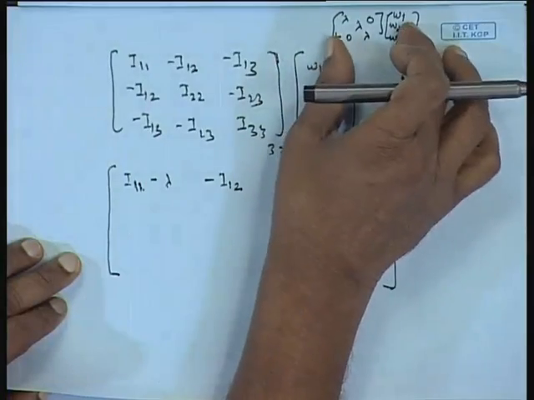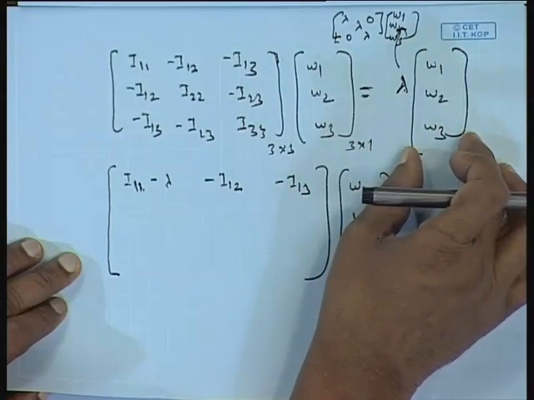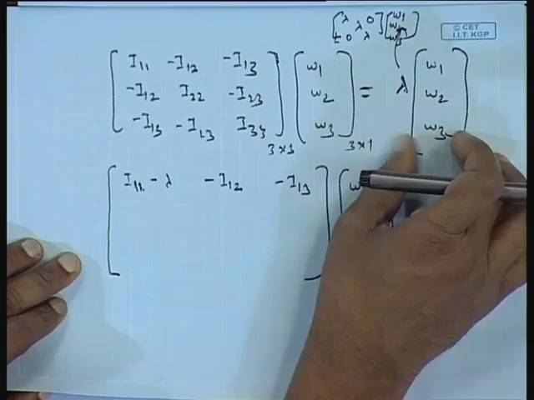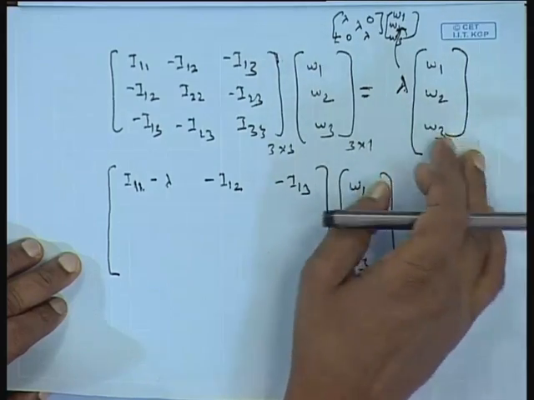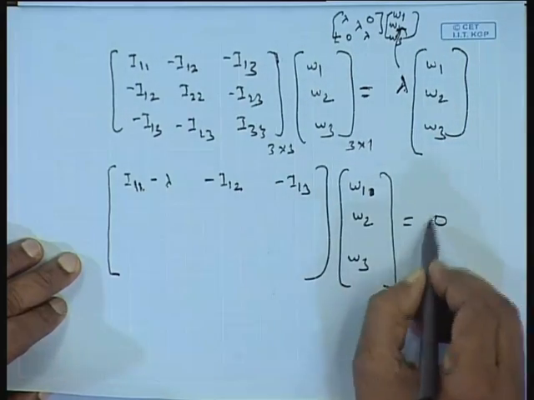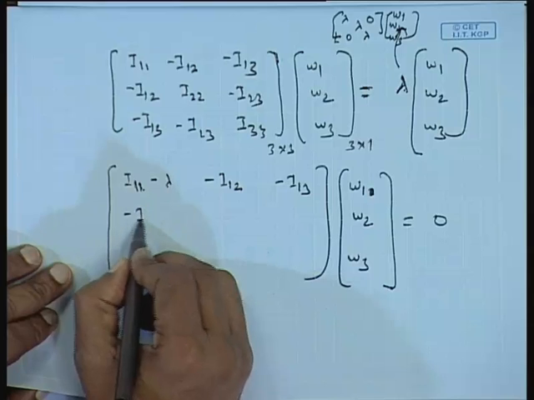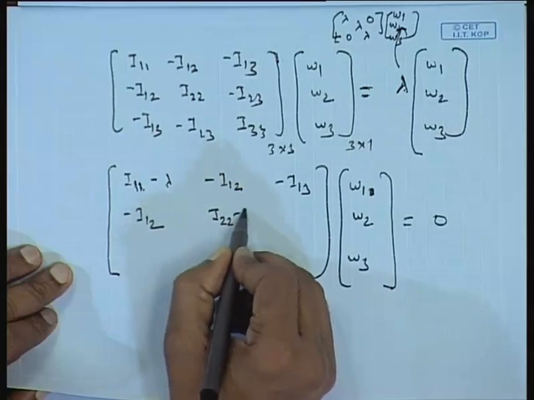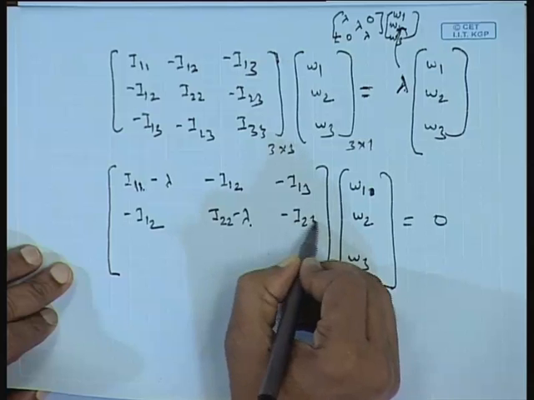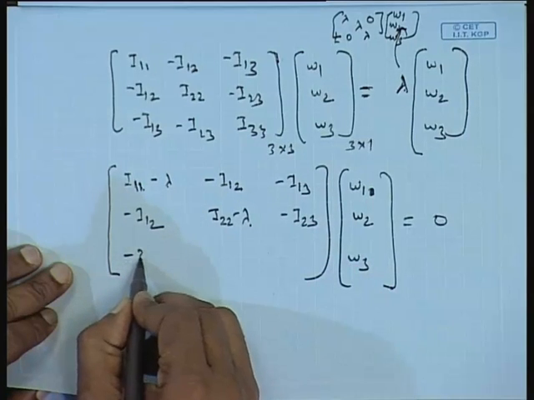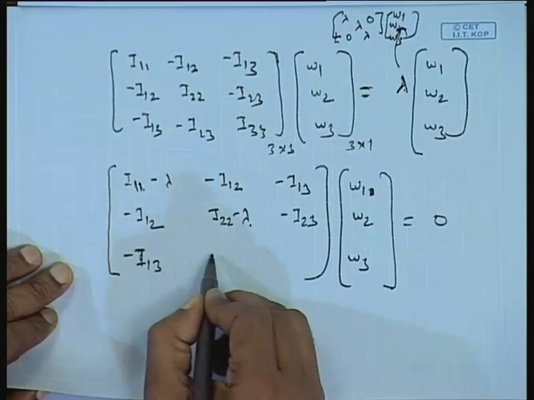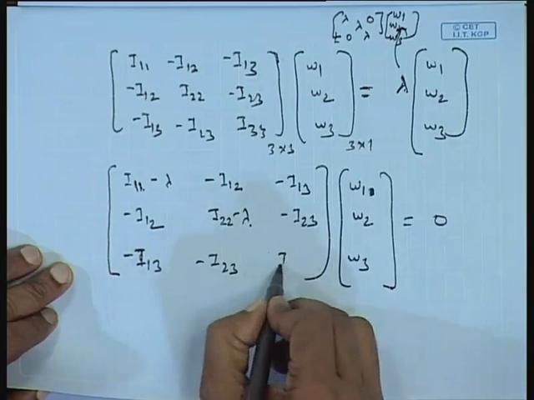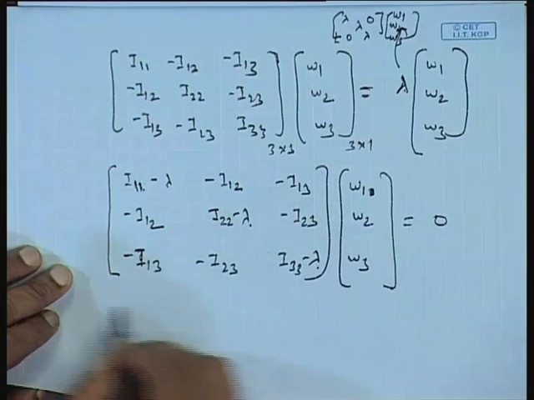This matrix is equivalent to this vector multiplied by lambda. Now you subtract it, so this quantity turns out to be 0 on the right hand side. So, I 22 minus lambda, minus I 23, minus I 13, minus I 23 and I 33 minus lambda.